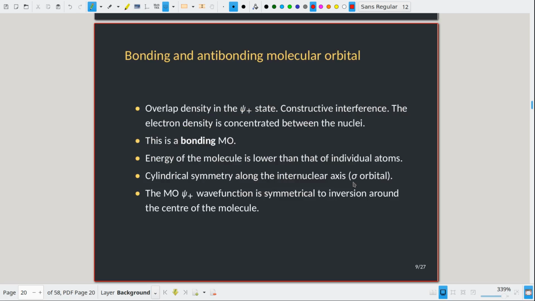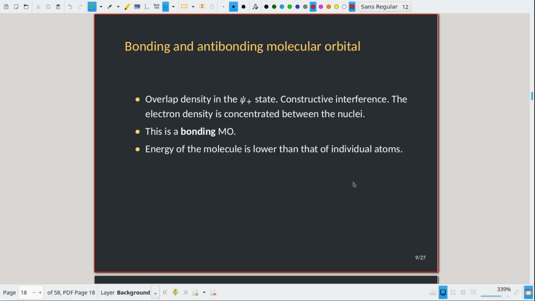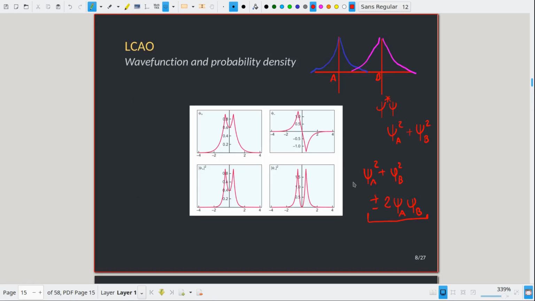The molecular orbital sigma plus wave function is also symmetrical to inversion around the center of the molecule. You can see it in the previous graph. If we were to swap the two atoms around the center of the molecule, the wave function will look exactly the same as it did in its original position.